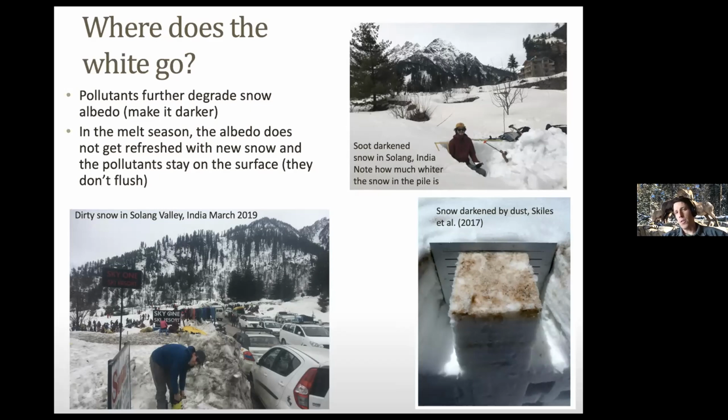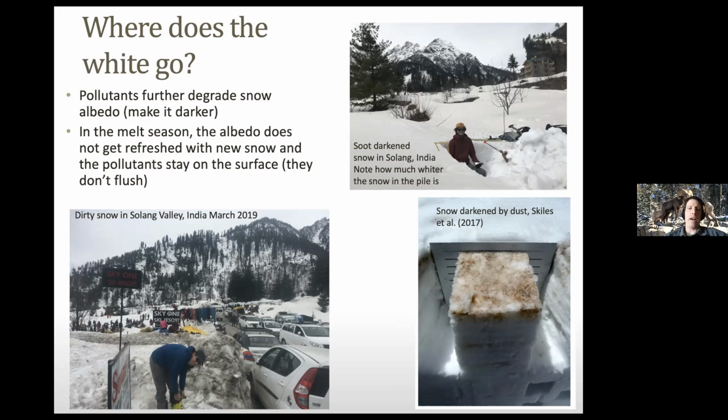Dust is probably the most common pollutant in the snow worldwide, but it arises from anthropogenic or human-caused things like overgrazing, deforestation, just poor land use practices. And these pollutants tend to stay on the snow surface.